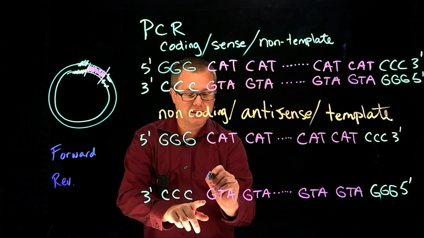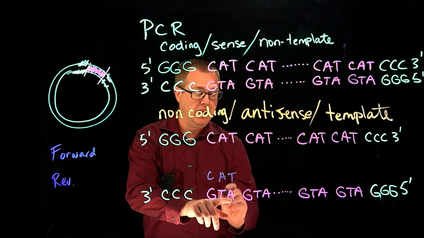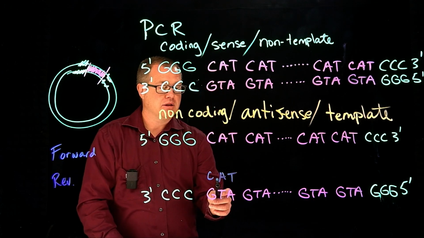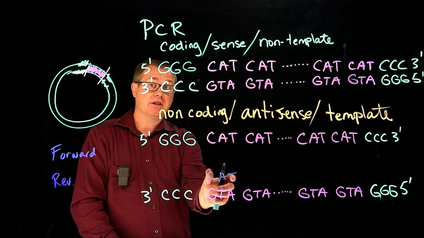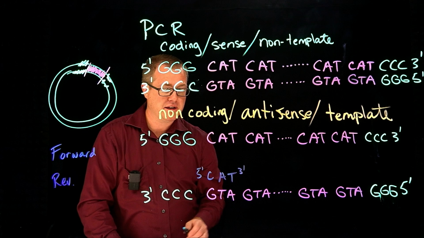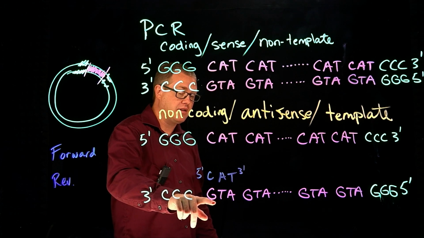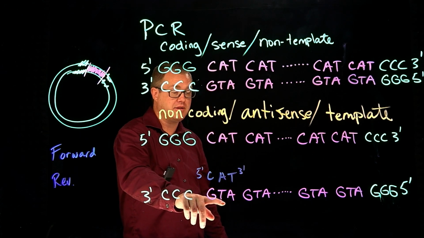G pairs with C, T pairs with A, and A pairs with T. And so that primer that I've just designed right there is in the 5' to the 3' direction. Okay? And so that's going to pair up with this first 3 nucleotides right here.